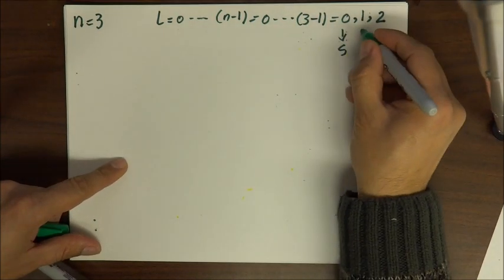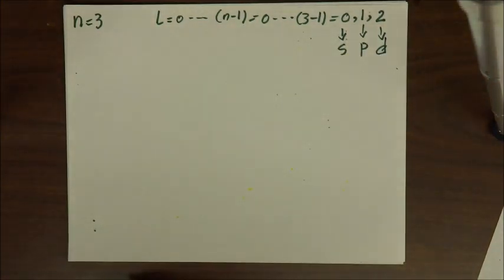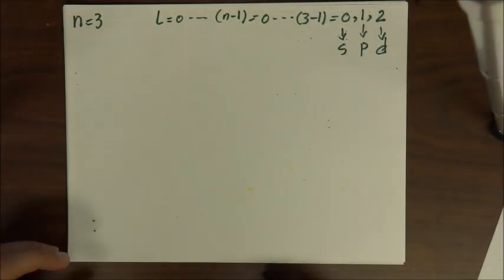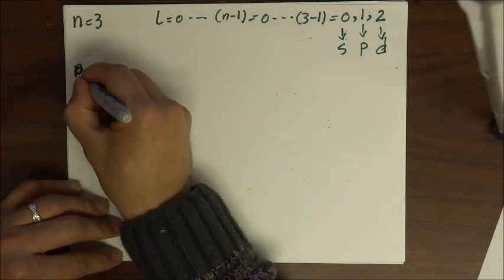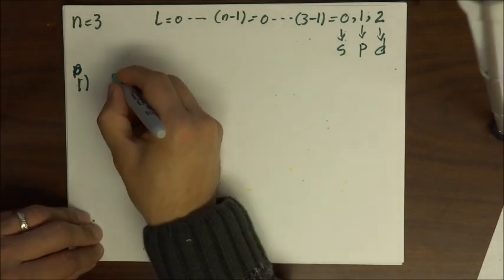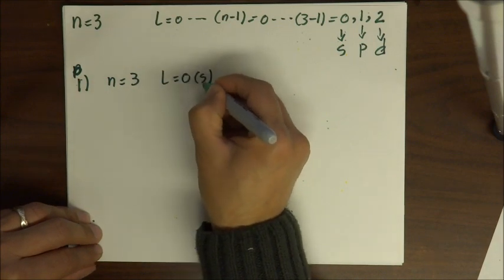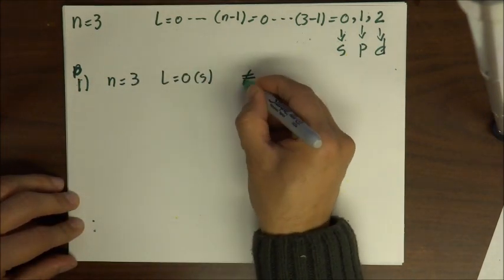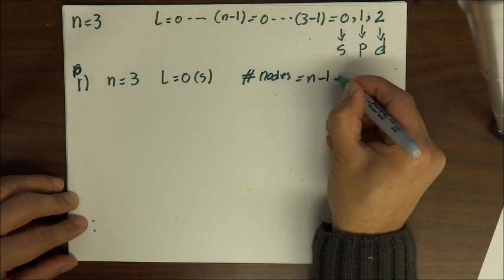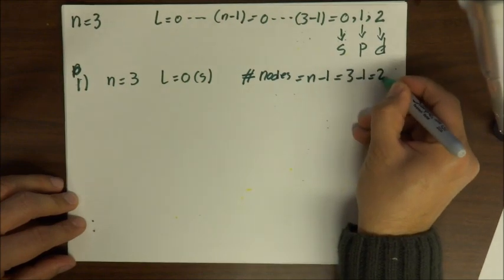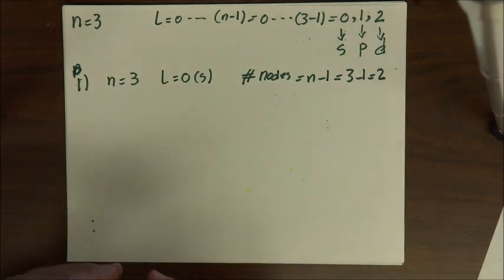The first one is an S orbital, the second P, and the third one D. Similar to n equal 2, I go with the first case. First case, n is equal to 3, L equal 0, so it's an S orbital. Total nodes will be n minus 1, 3 minus 1, 2. So when n is equal to 3, I have 2 nodes in total.